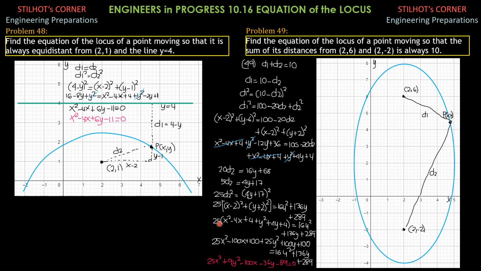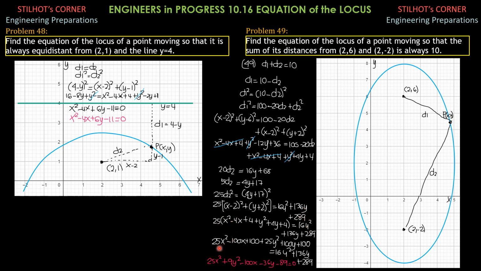So we have 25 expanding inside, so we have the quantity x squared minus 4x plus 4 plus y squared plus 4y plus 4. That's it. Then equals 16y squared plus 136y plus 289.